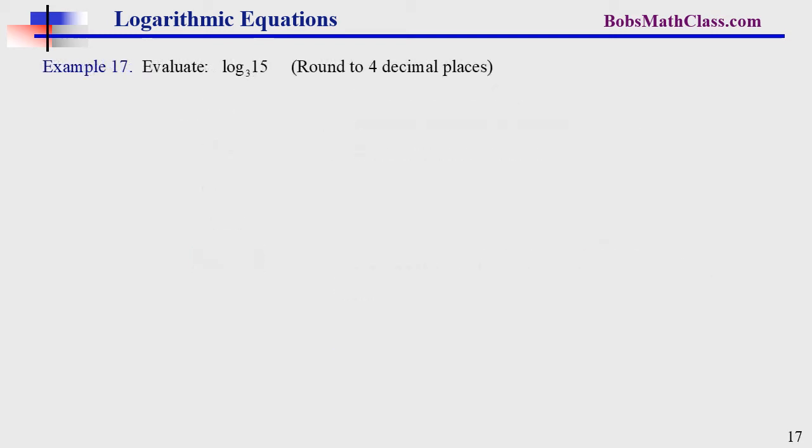All right, log 15 base 3. This one says round to 4 decimal places, so we're definitely going to have to use our calculator. All right, let's set it equal to x. Now change it from logarithmic form to exponential form.